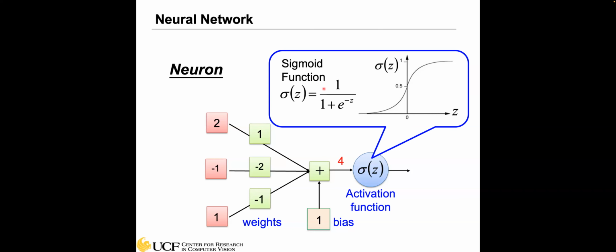This sigmoid function is a monotonic function in the range of 0 and 1. Basically it squeezes any value before the activation function to the range of 0 and 1. For this particular example, the output of this neuron is 0.98.